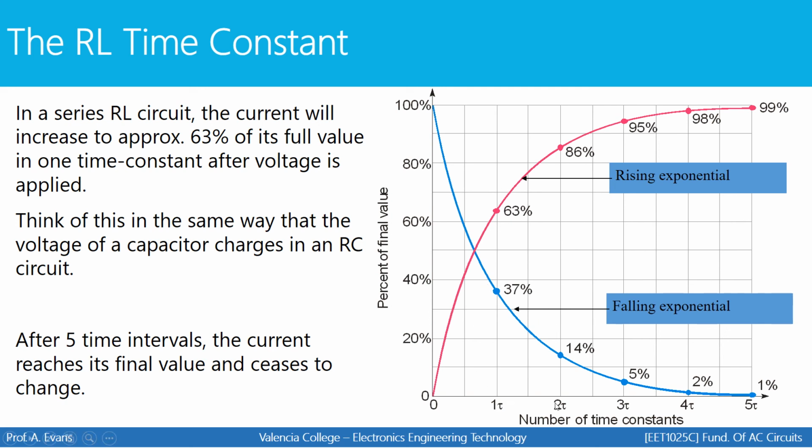It takes the same number of time constants and the same percentages for an inductor to reach its maximum current, the same way a capacitor will reach its maximum voltage. And same thing here, the current will dissipate with this exponential rate, the same way that a capacitor will discharge over time. So the charging and discharging curves you saw for a capacitor directly apply to the current curves for an inductor.